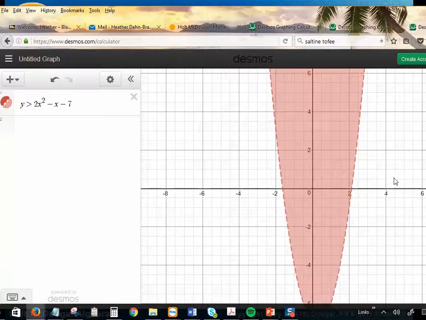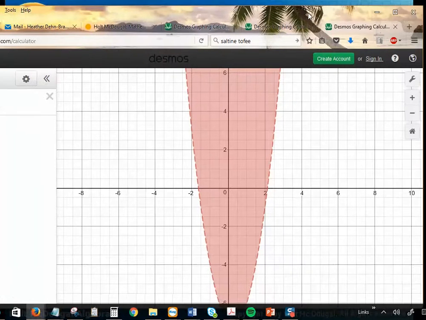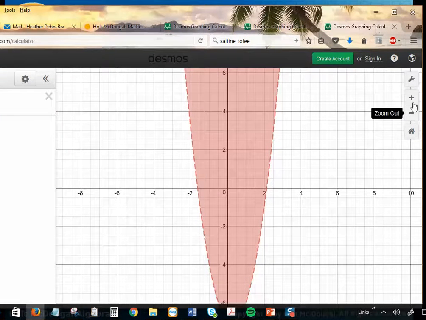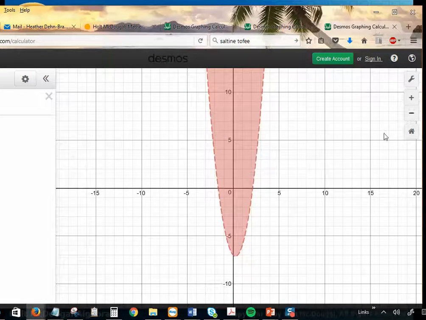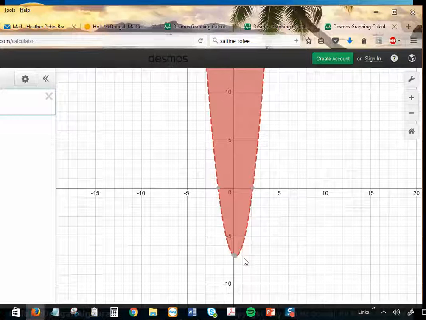If you can't see as much as you want before you take your screenshot, you can zoom out over here. This one did not automatically add my points, but you can click and your points will appear. There's the y-intercept at -7, and here's the vertex, and here is one of the zeros, and here's the other zero if you're asked to fill that in.